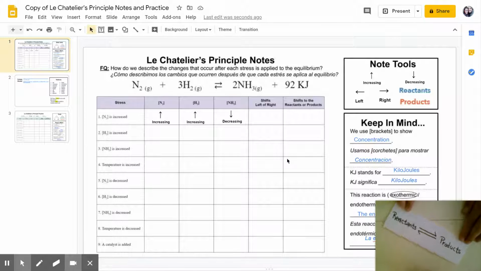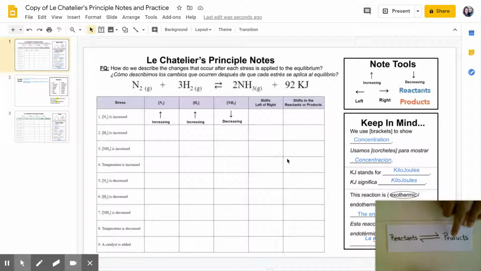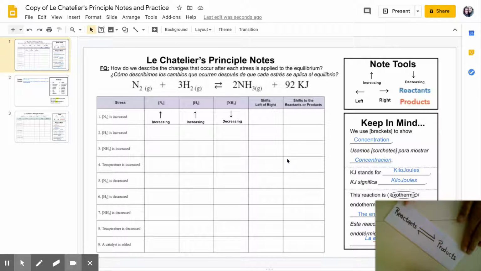We saw that the reactants numbers started to decrease and the products started to increase. That's because equilibrium always shifts towards the side that is lower. So in this case, it's going to shift towards the products, and the products are located here towards the right.